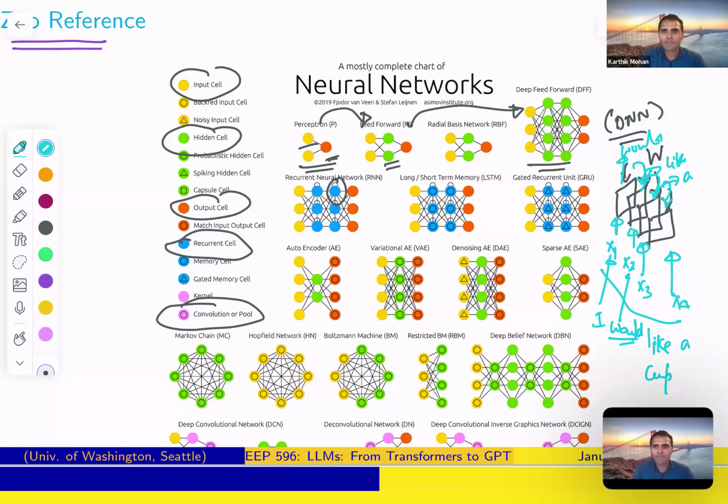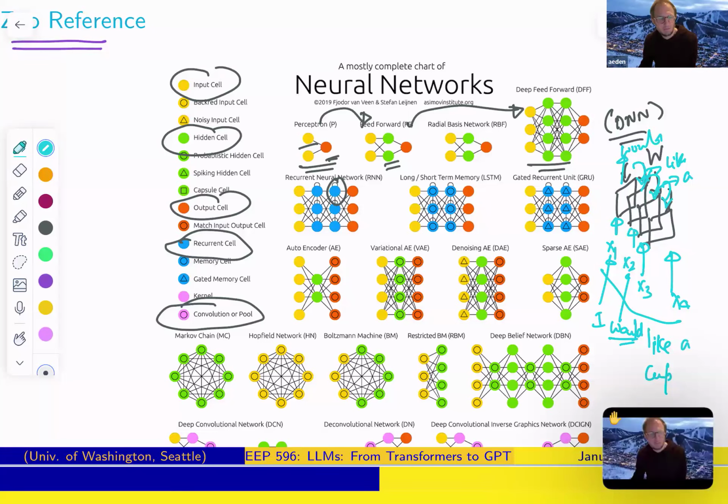Quick question. Earlier you said that you worry less about features because the neural networks themselves are learning them. And here you have displayed a chart of different types of neural networks.